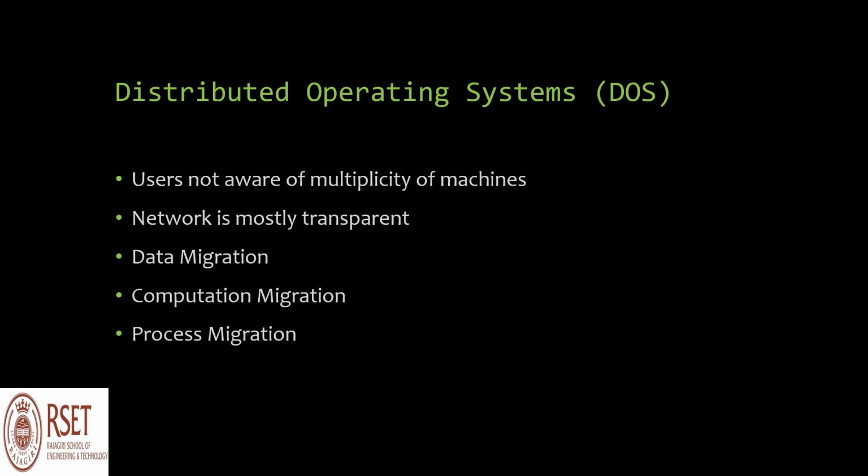Data migration means they transfer data by transferring the entire file or only those portions of the file necessary for the immediate task. Computation migration means they transfer the computation rather than the data across the system. Then we have process migration, which executes an entire process or parts of it at different sites.